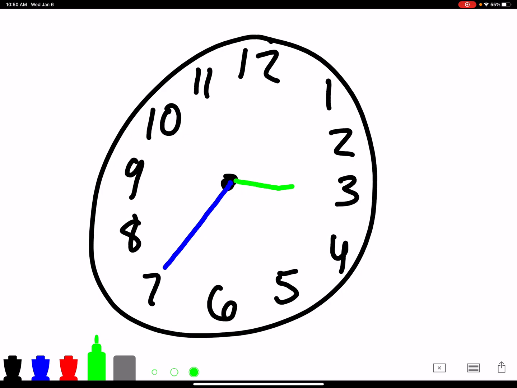So it's going to be 3 and something. And now we have to figure out the minutes. So even though the long hand, the minutes, is pointed to the 7, we have to count by 5s until we get to 7. So 12 is 0. So if we count on 12, 5, 10, 15, 20, 25, 30, 35.